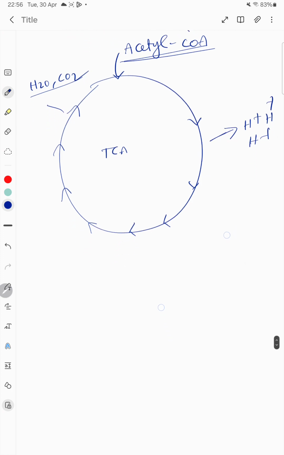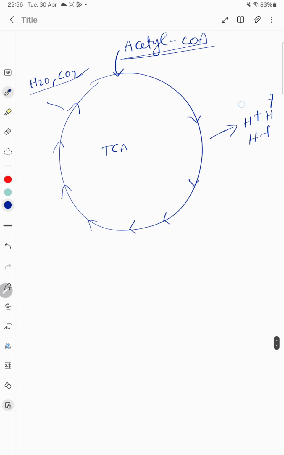But how is it actually energy? In the sense of what we know, ATP is the energy, right? But here I said H plus ions. How can we say these H plus ions are energy? We cannot say these H plus ions are energy, right? So we have to convert these H plus protons into ATP.